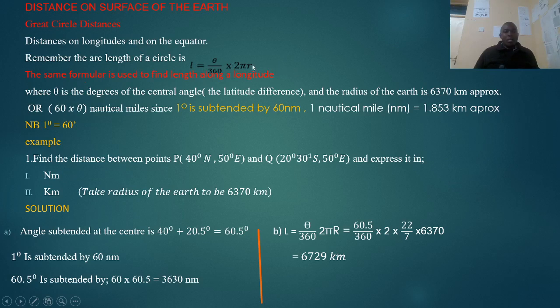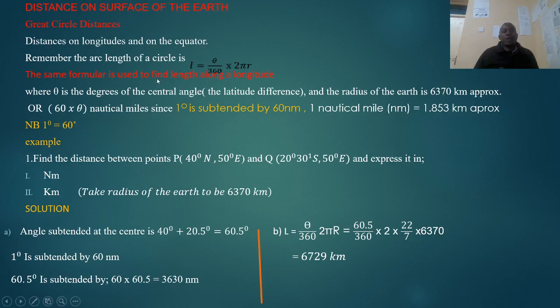I hope you remember in Form 1 and Form 2, you learned about the length of an arc. To find the length of an arc, it is L equals theta over 360 degrees times 2 pi r, where r is the radius and theta is the angle subtended at the center by the arc.